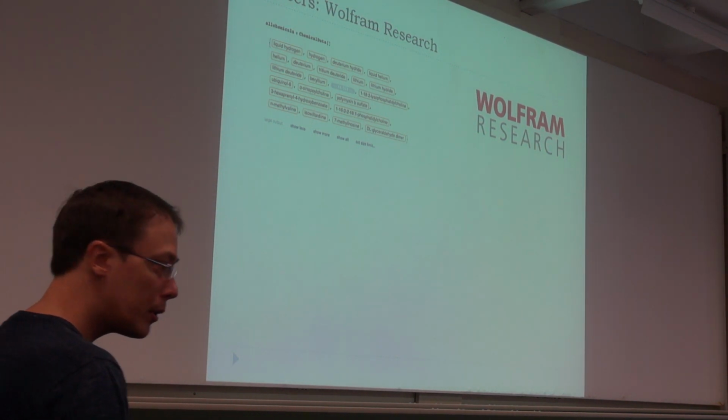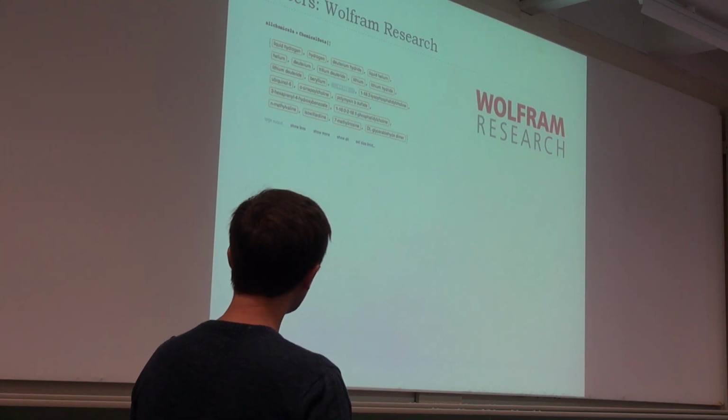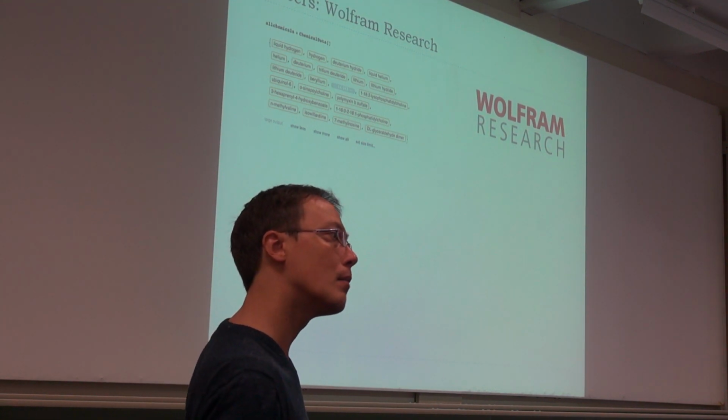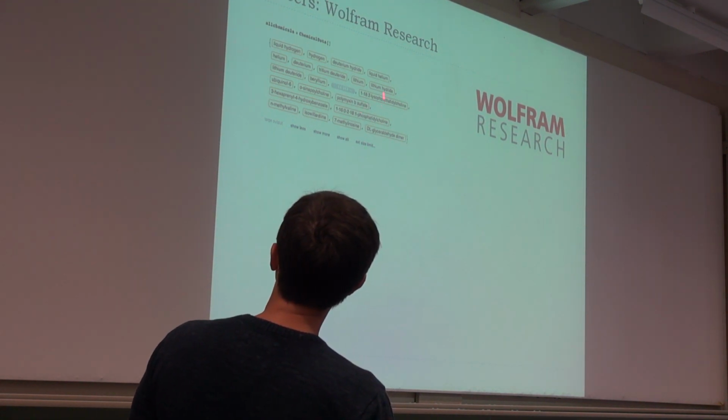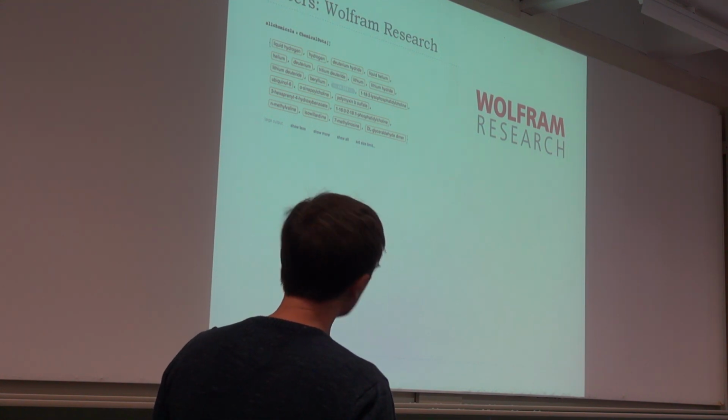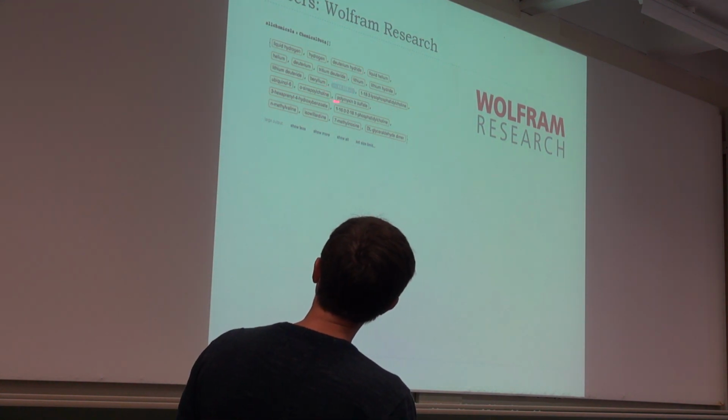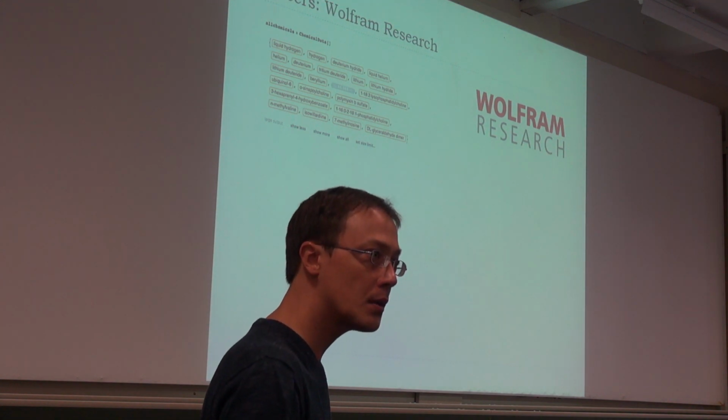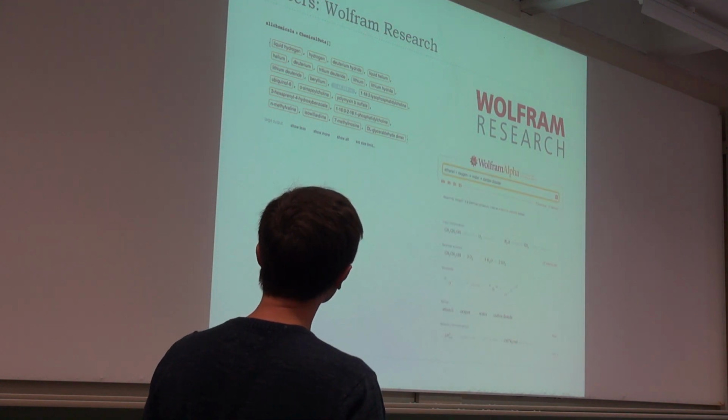It has a little neural network inside it, and it has a huge internal database of chemical data. So if you ask it to list all chemicals it knows about, it will give you a list of about 50,000 molecules and their structures, properties, everything you want.